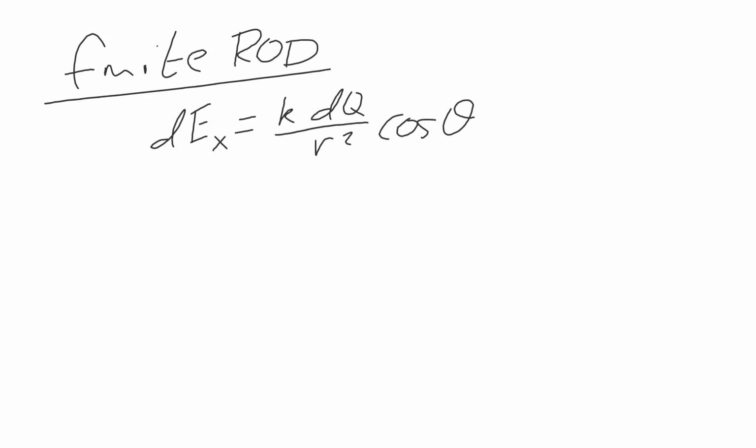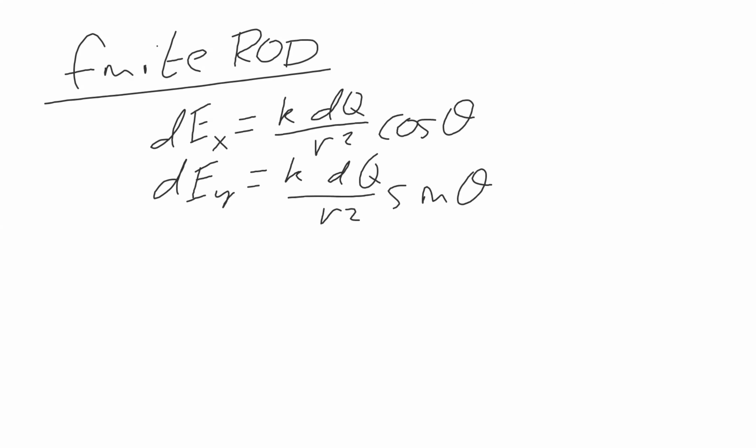Then for dE sub y, it'll be the same thing, k dq over r squared times sine of theta. Now, typically when we're doing these problems, we can use symmetry, and the symmetry will allow us to immediately tell that one of them is equal to 0. So symmetry means that we only need to solve one. I can talk a little bit about the symmetry and the setup in just a second.